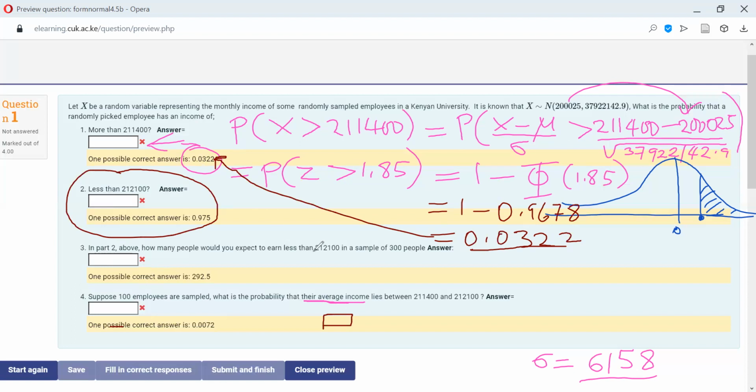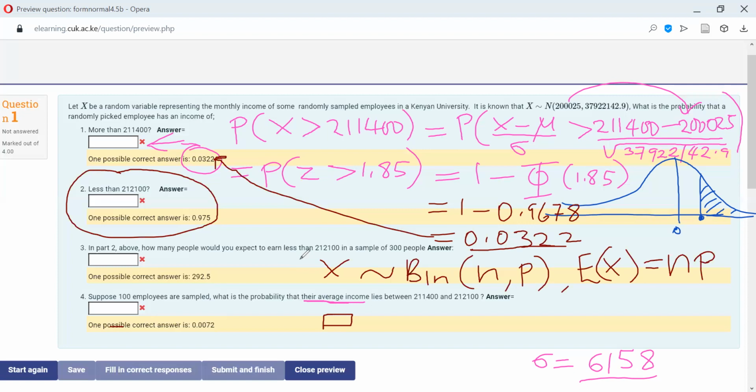Now on part 3, we are applying the binomial distribution, which we said when a variable has a binomial distribution, it has that notation. Then we say the expected value of x is equal to np, n multiplied by p. So this step gives us the p-value, which is 2.975, and the n is this.